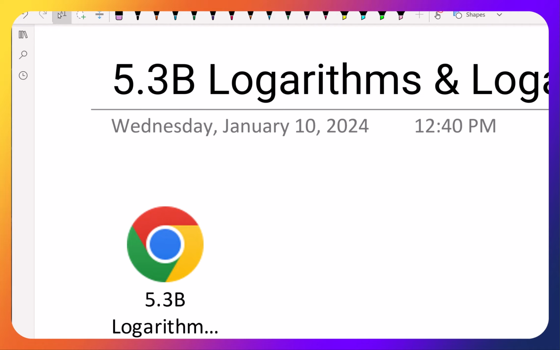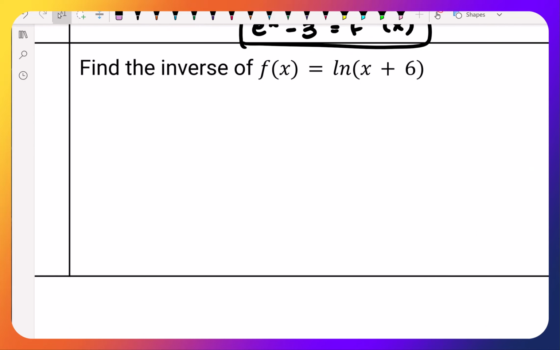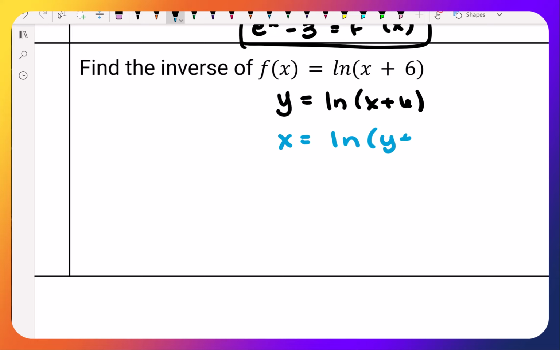So this was also a natural log. Let me get back to it. Here it is. So we're going to start out with y. Then we're going to start our inverse notation. Okay, swapping the x and the y variables, and then we have to realize that that has a base e.